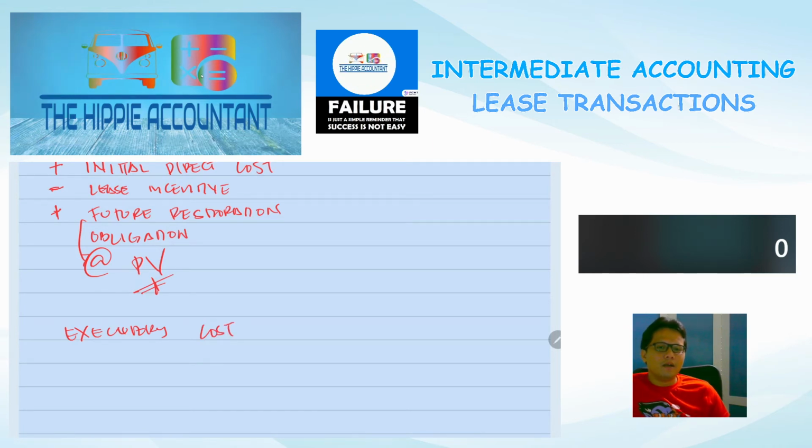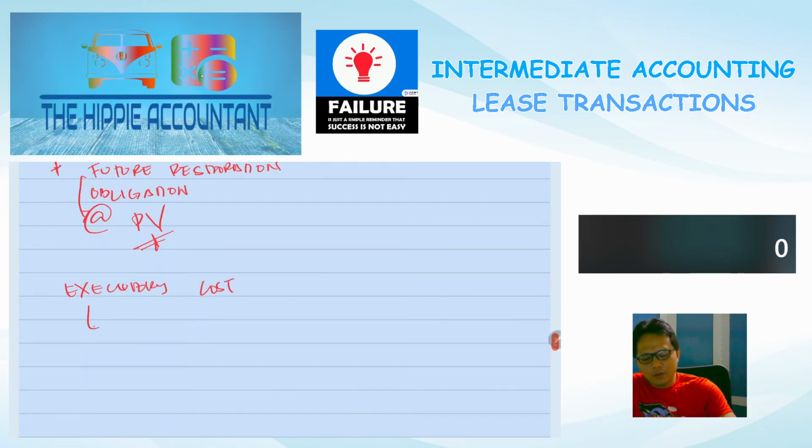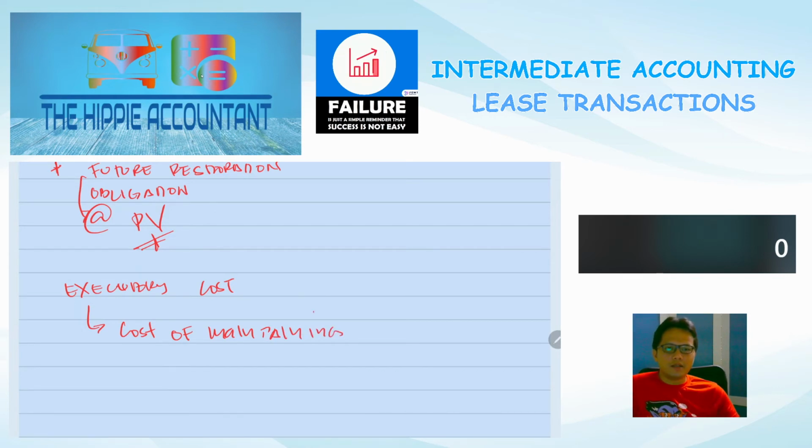Kumbaga, kung iintindihin lang natin or para mas madali natin itong intindihin kung ano tong executory cost. Kumbaga, ito yung tinatawag natin na cost of maintaining. Okay? Cost of maintaining the subject of the lease. And we are required by the agreement na tayo, lessee, ang magbabayad.